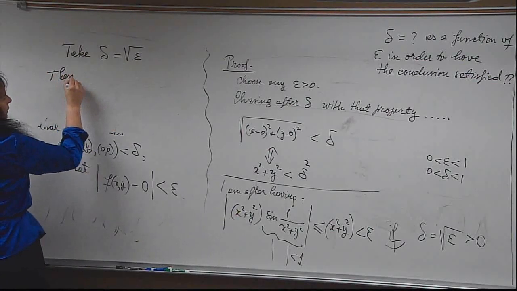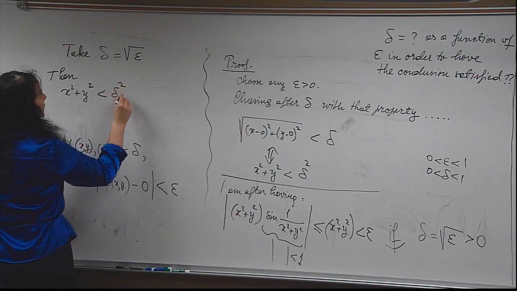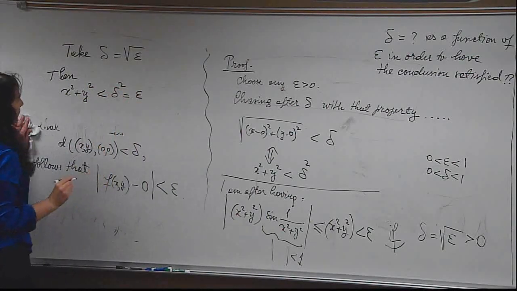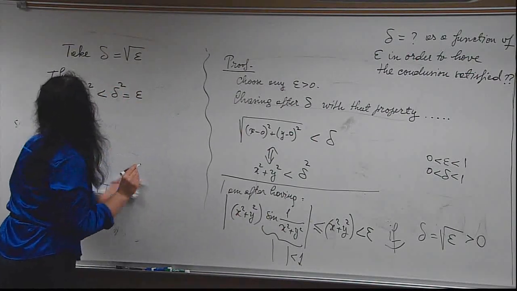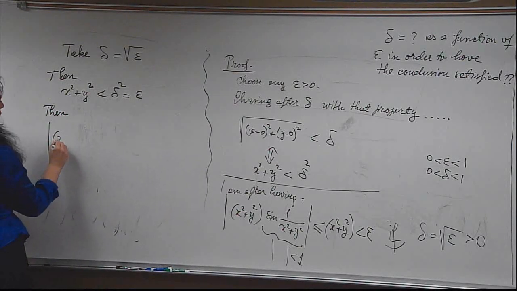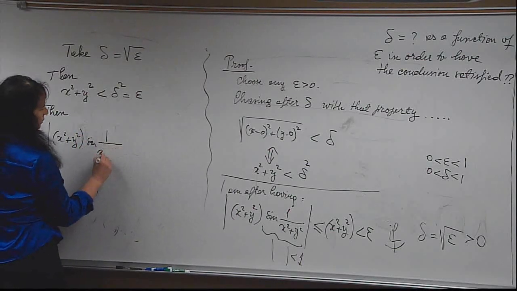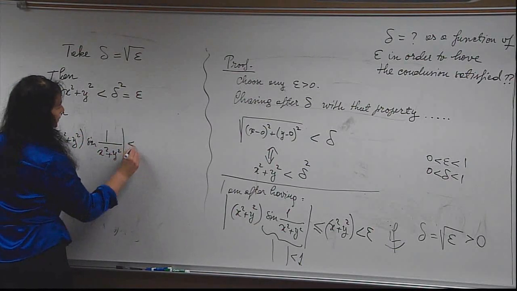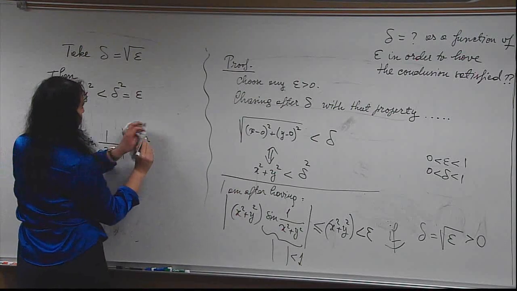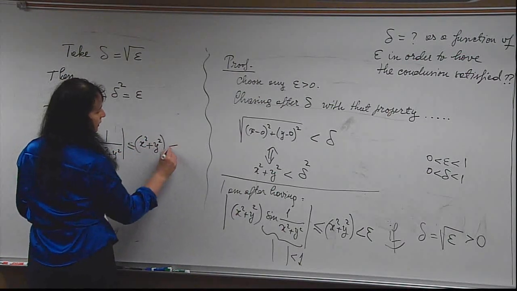Then x squared plus y squared less than delta squared equals epsilon. Then x squared plus y squared times sine of 1 over x squared plus y squared is less than or equal to x squared plus y squared. I don't need the absolute value, I keep forgetting. Less than epsilon. Done.